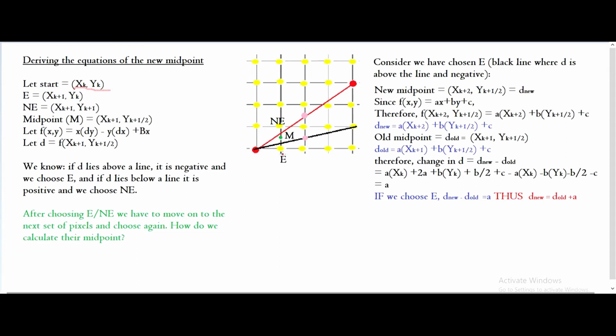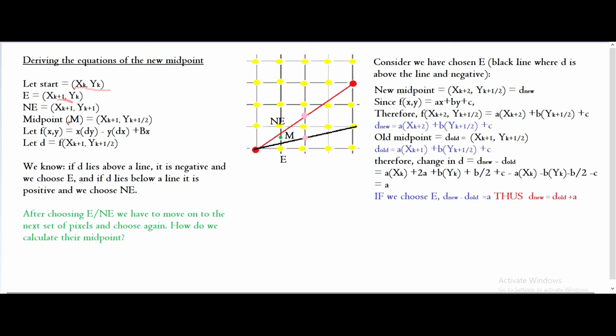So the coordinate of E is equal to (xk + 1, yk). Why? Because E is 1 unit to the right of the starting point, and it's in the same position as the y coordinate of the starting point. So I've written xk plus 1, and yk, the y coordinate, stays the same. In the same way, for NE, we move one coordinate to the right and one coordinate above.